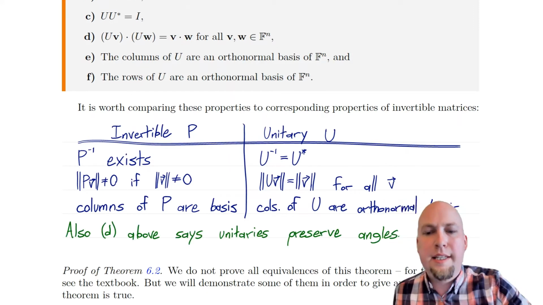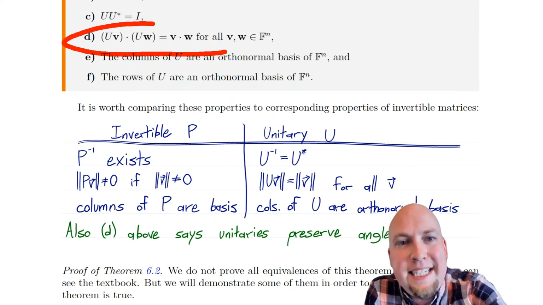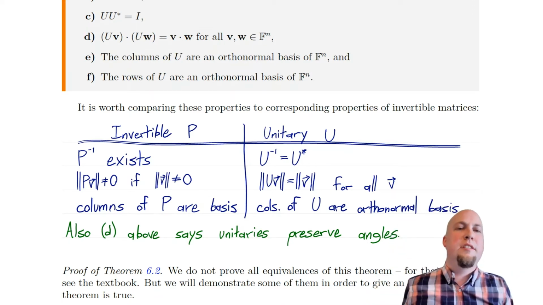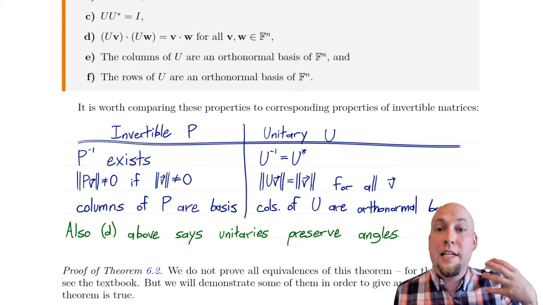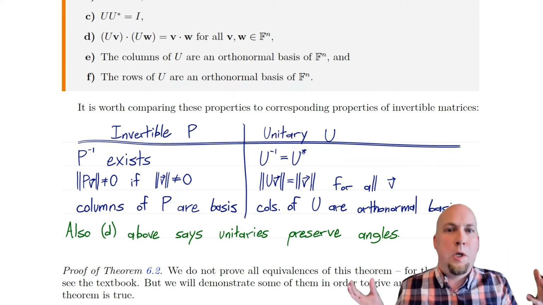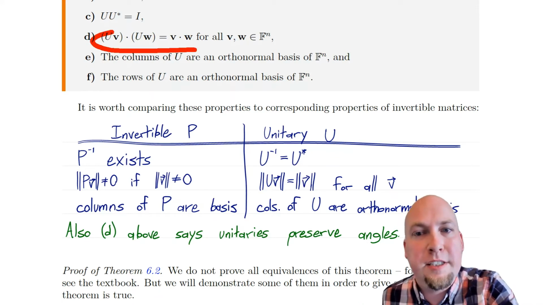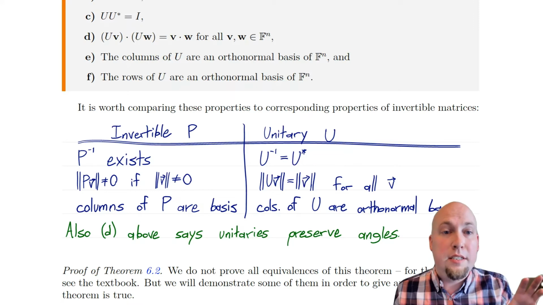And one more thing that I should note is, we really should dwell a little bit on this property D here, okay? We defined unitary matrices as ones that preserve the norm induced by an inner product, but property D says we could have equivalently defined them as matrices that preserve the dot product as a whole, right? If you apply the unitary matrix on both halves of a dot product, you leave that dot product alone, okay?